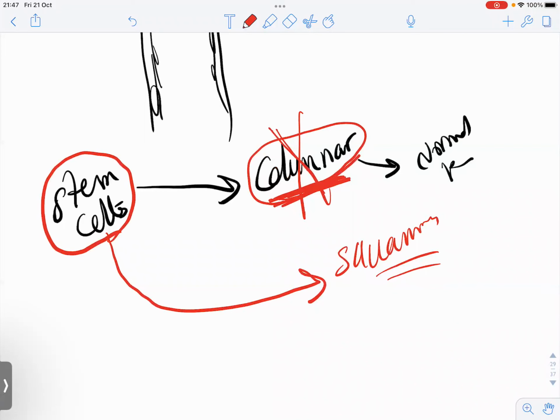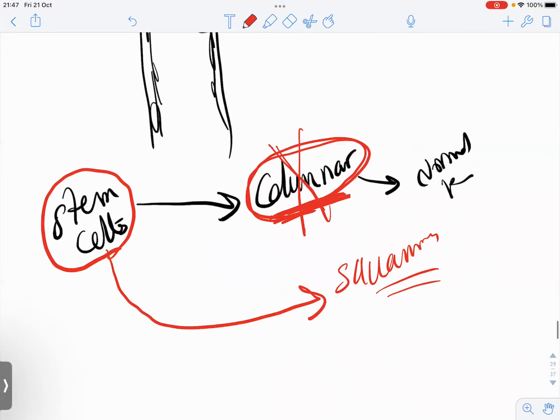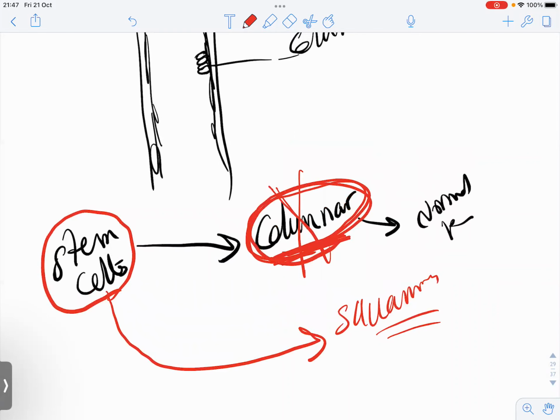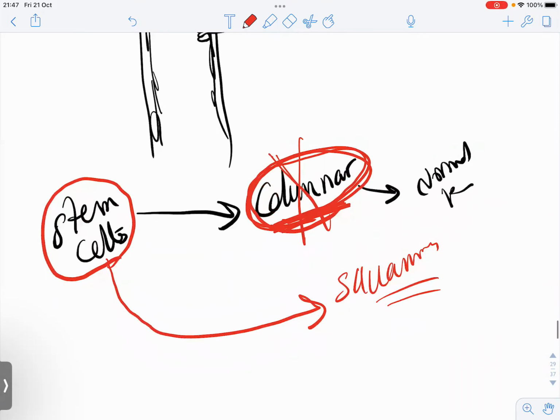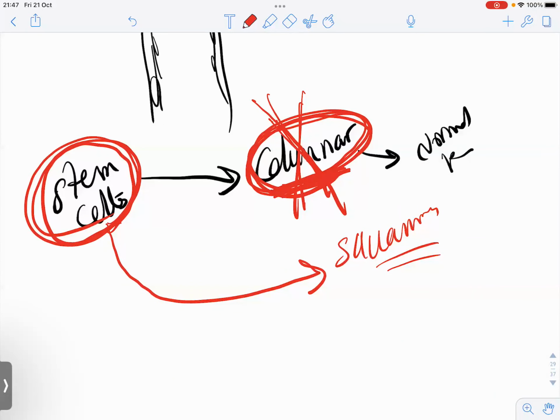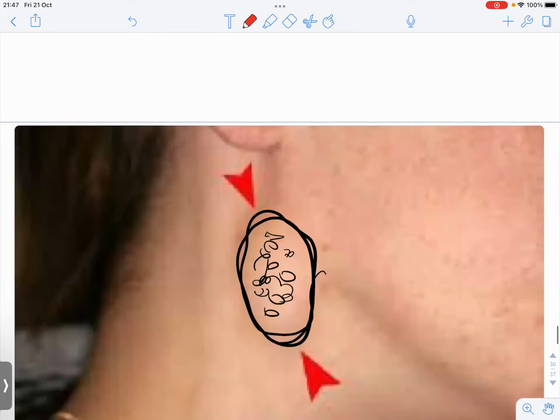So after the columnar epithelium dies off after some days, because we always regenerate the epithelium inside your body, the columnar epithelium itself will not transform into squamous. But after one or two weeks, this columnar epithelium will die, and the stem cells get affected by irritation and smoking. So the stem cells will start to secrete squamous epithelial tissue. Okay.